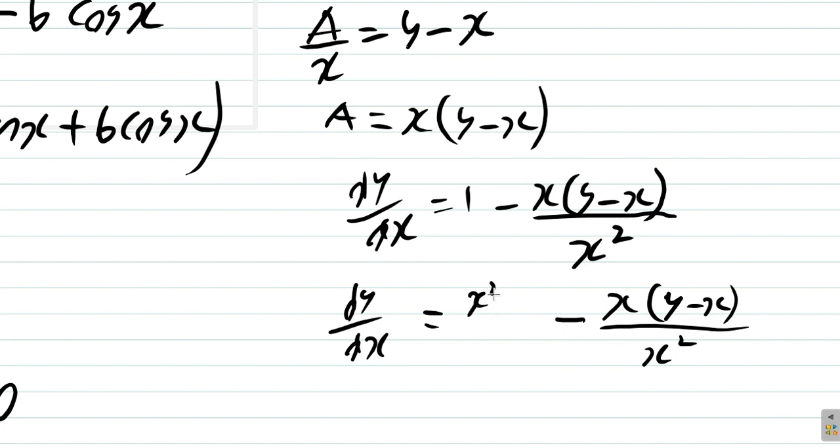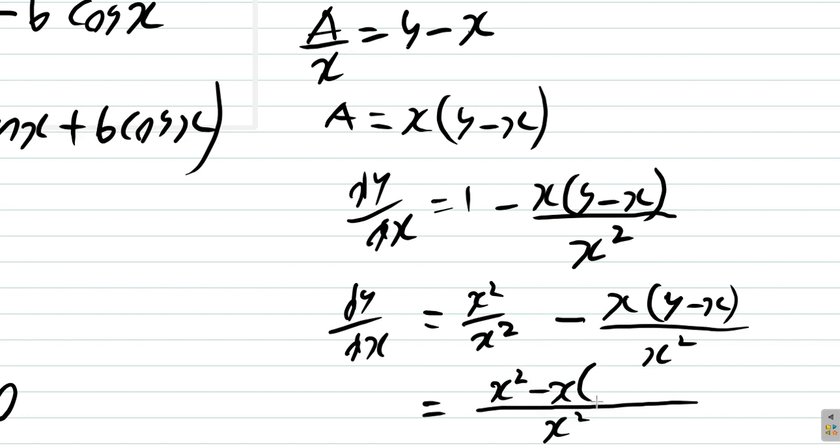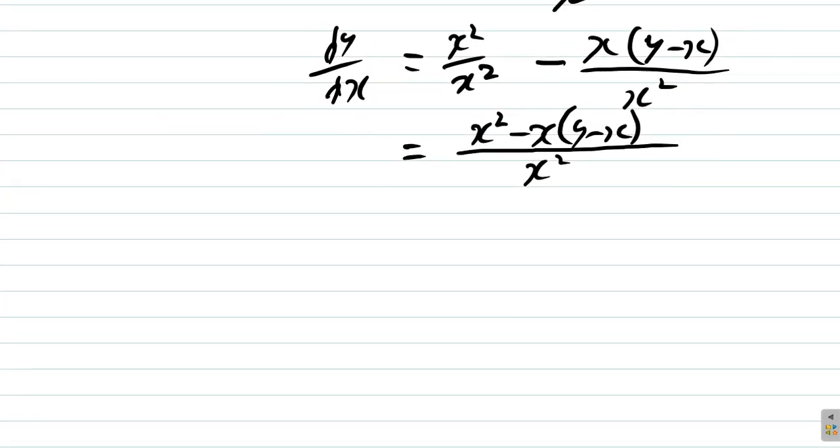So we have x squared over x squared. So you see that? Now, this is a common denominator. So what we have is everything up top over x squared. So we have x squared minus x, y minus x. That's dy by dx.